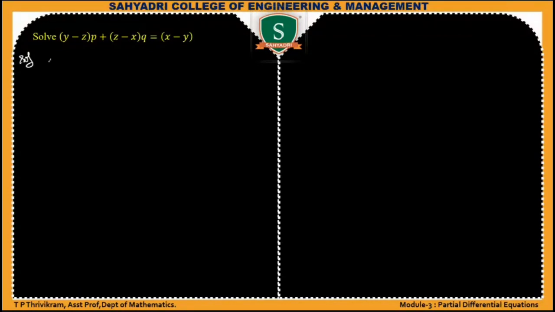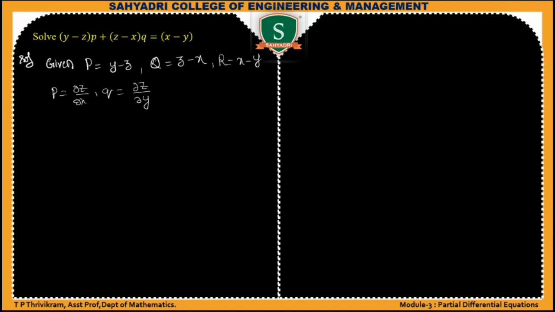So here, given this problem, capital P is equal to y minus z, capital Q is equal to z minus x, and capital R is equal to x minus y. Similarly, small p equal to dou z by dou x and small q equal to dou z by dou y.